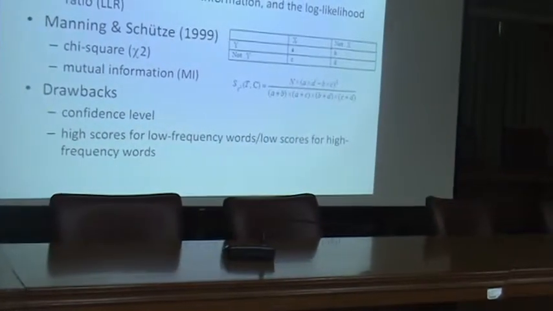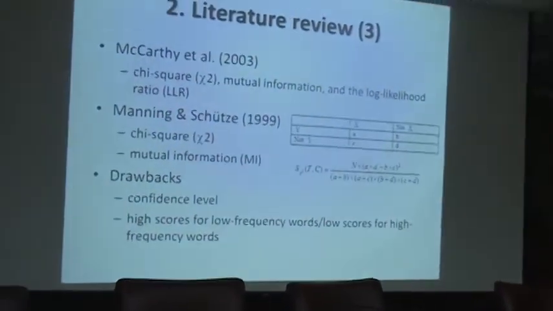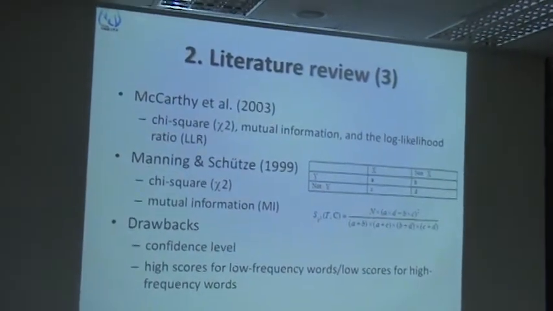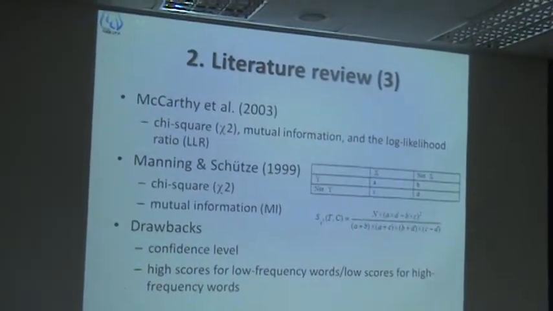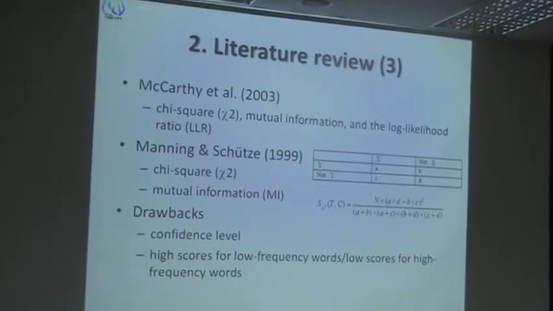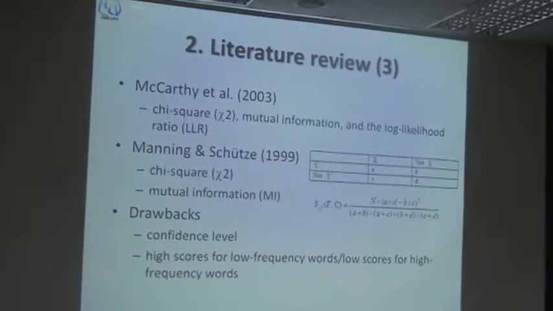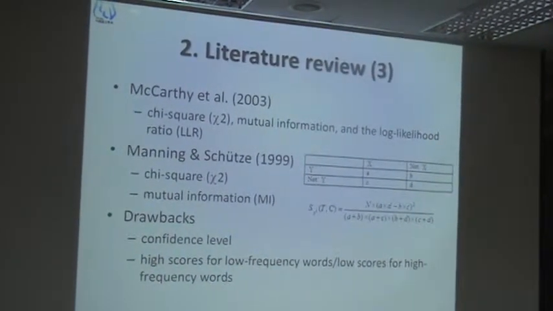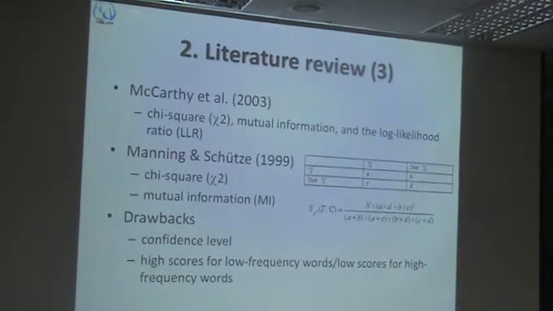So, in speaking of statistical methods, McCartney et al. talk about 3 main statistical methods, which are chi-square, mutual information and log likelihood ratio. A widely cited study by Manning and Schütze indicates that chi-square could be used to modify the shortcoming of the t-test.